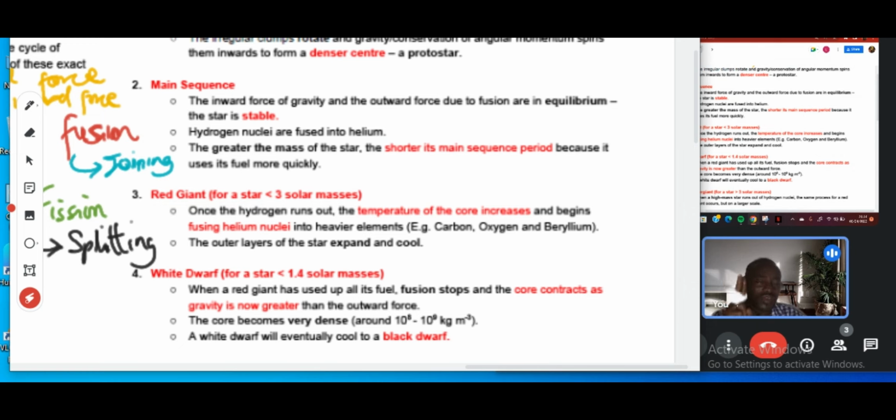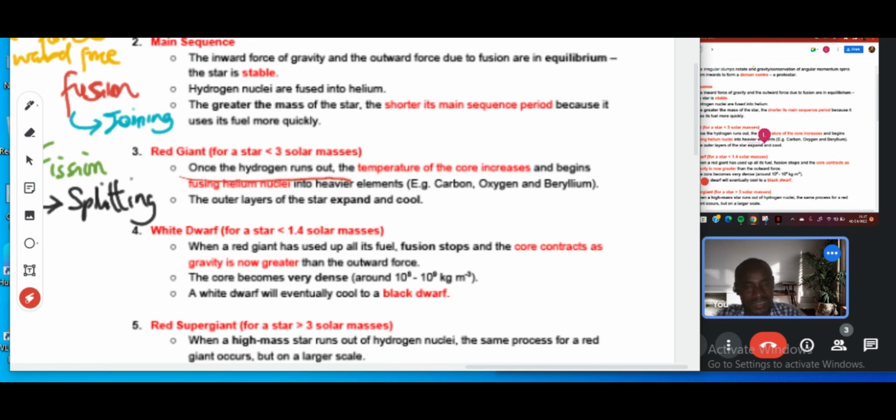Now, I told you the two hydrogen atoms fuse, forming helium. So gradually, hydrogen is used up in the core. So when the hydrogen is completely used up, the fusion switches to another element, helium.